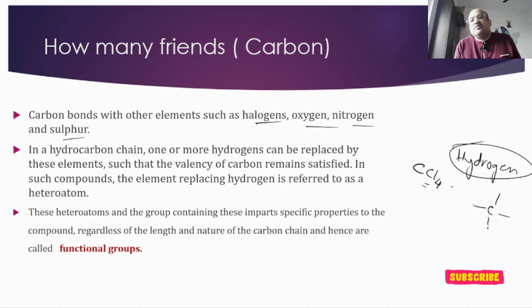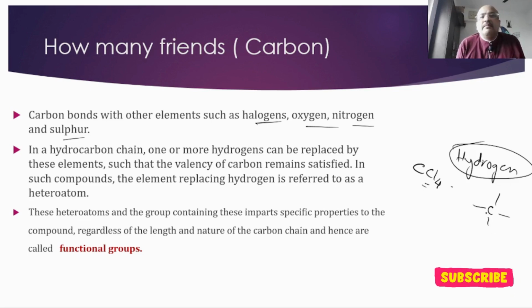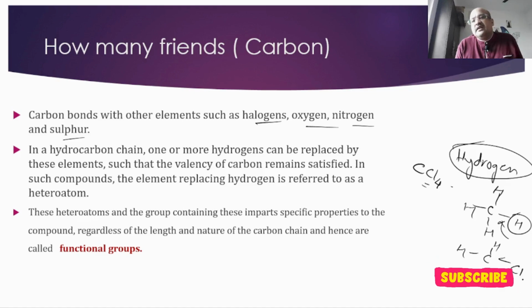We know that carbon is tetravalent, so hydrogens will be there, and one of the hydrogens will be replaced by any of these elements. Then it becomes like this. Here you see H, here Cl.